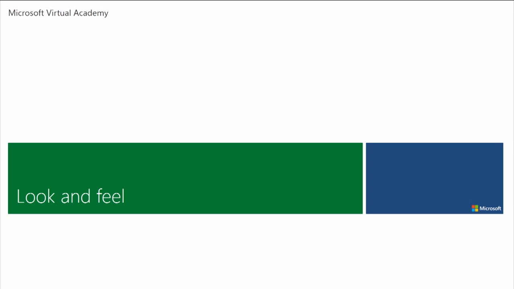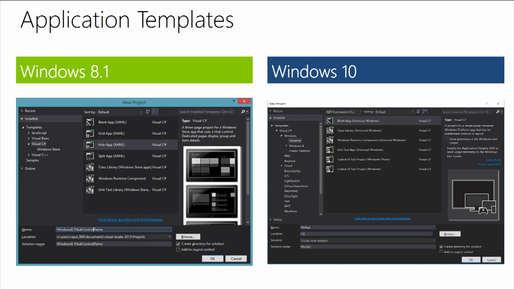Okay, so let's start talking about look and feel. There's been a bit of a paradigm shift in Windows 10 compared to Windows 8 and Windows 8.1, in that there's a lot more flexibility available in Windows 10, and you're expected to really embrace that.